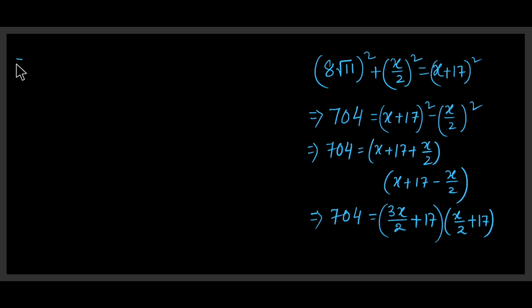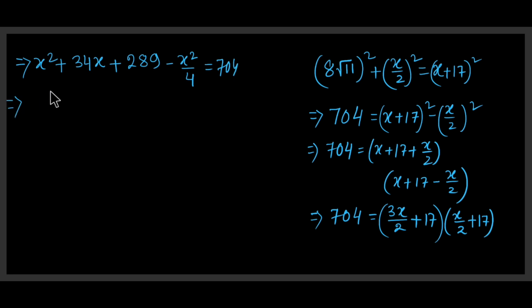now let's simplify this. We get x square plus 34x plus 289 minus x square by 4 equal to 704.